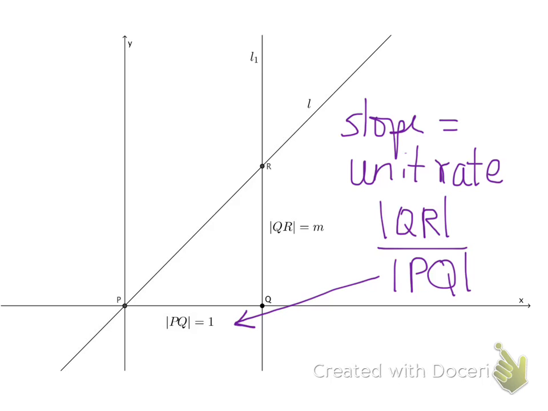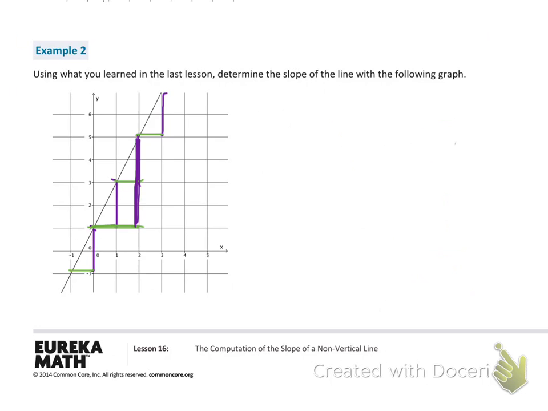So let's go back to example 2 and look at what we have. So we've said that slope could be thought of maybe as that ratio QR over PQ.